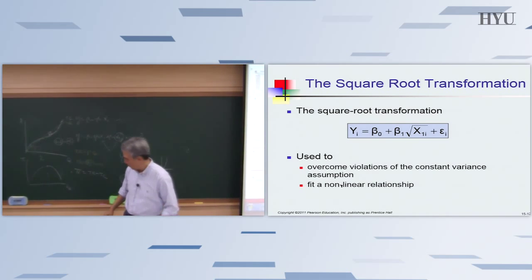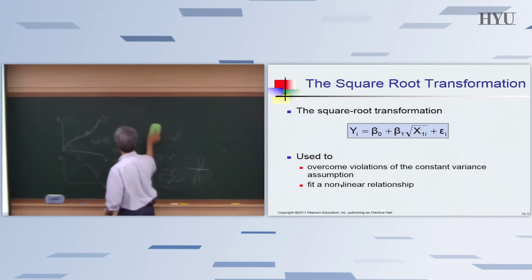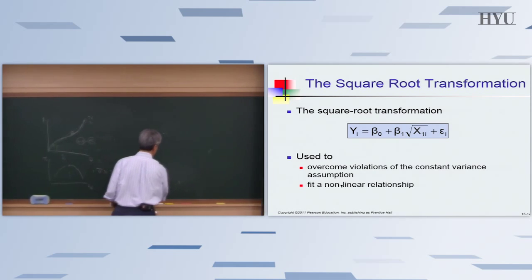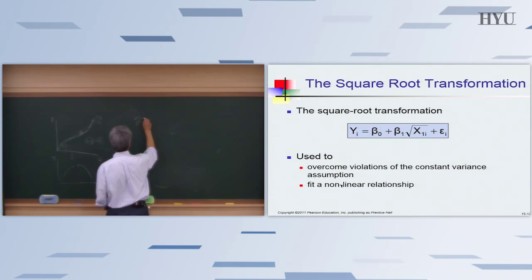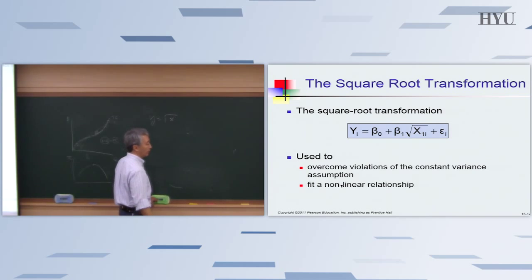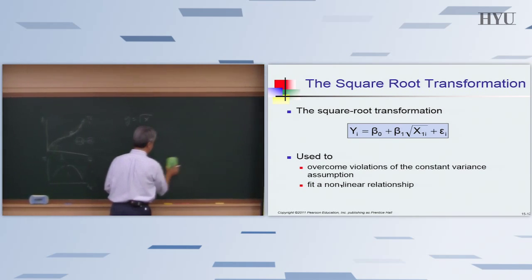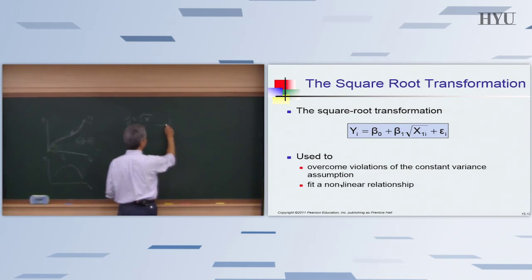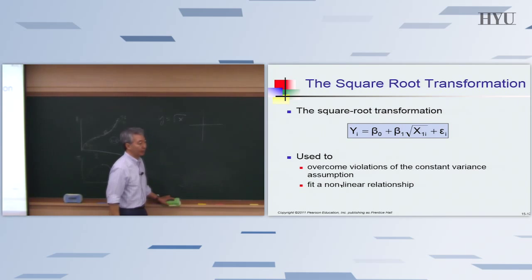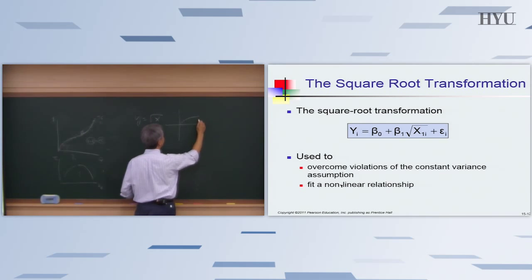Well, square root, if you remember, y is equal to square root of x. Does anybody remember the shape of this curve? How does it look? Yeah, that's right. Goes like that, right?